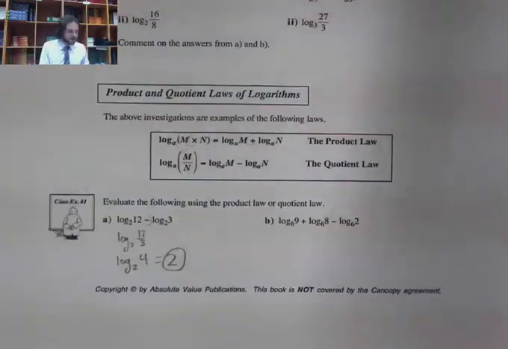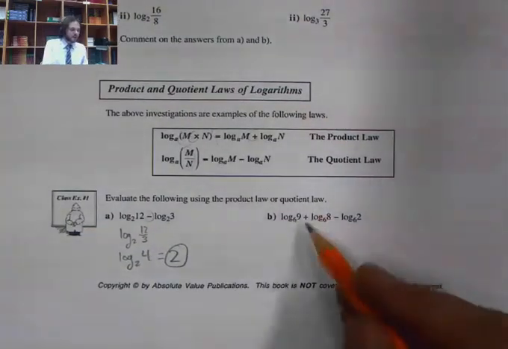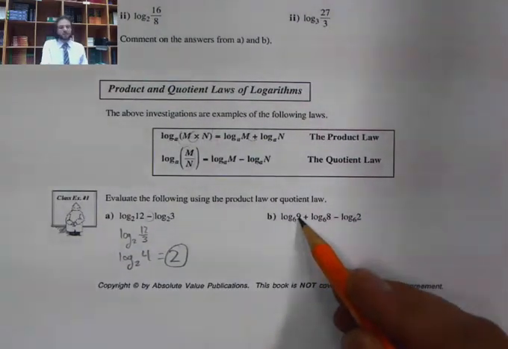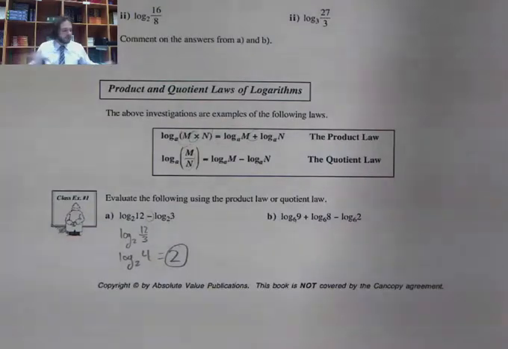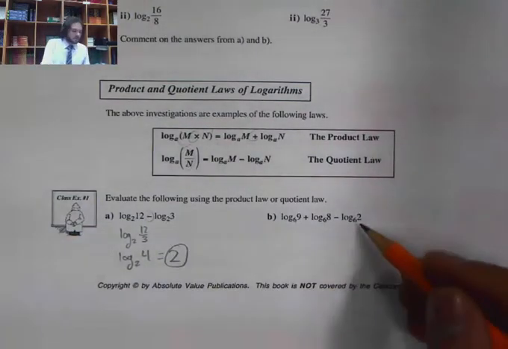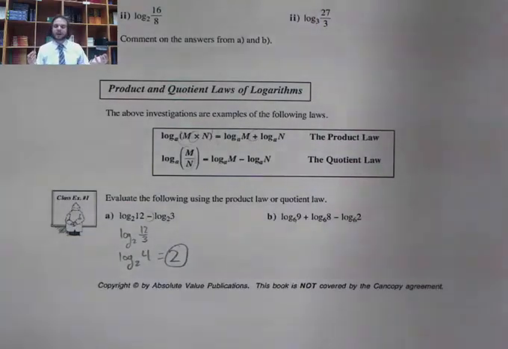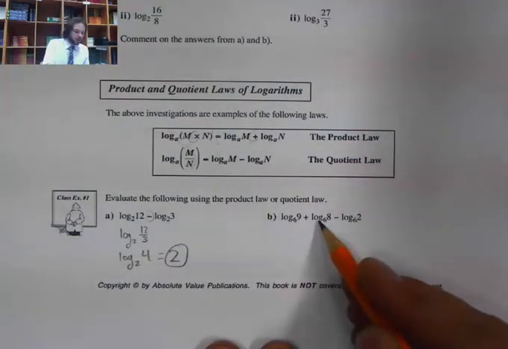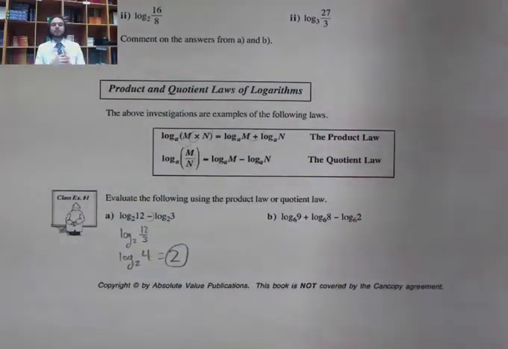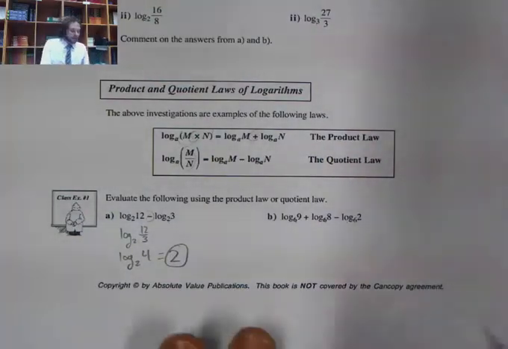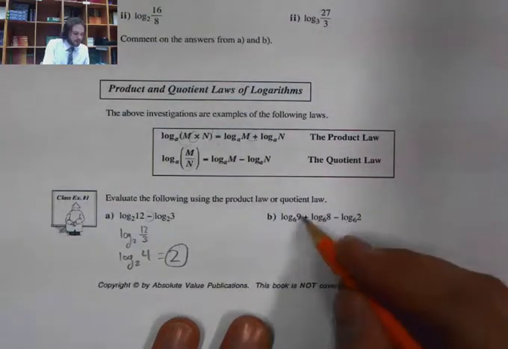Let's take a look at the next one. I have a combination here. 6 to the power of what is equal to 9? I can't do that. 6 to the power of what is equal to 8? That's very difficult too. 6 to the power of what is equal to 2? Can't do that either. It's nice, they're all the same base, so we can combine them, just like exponent laws. This means multiplication.